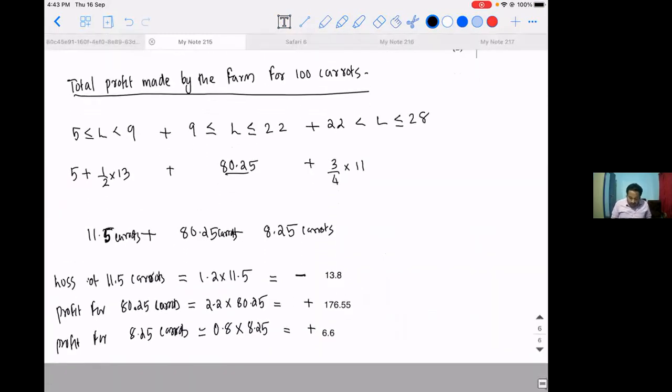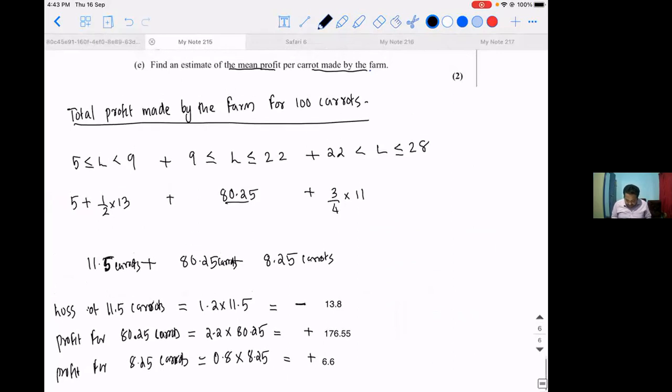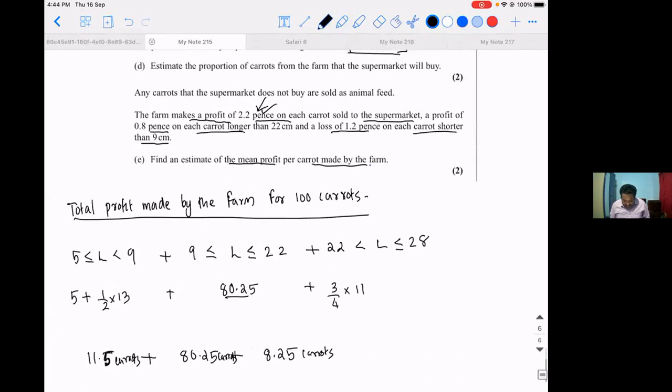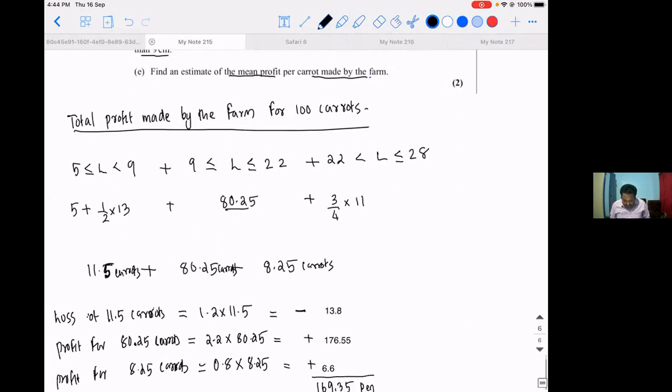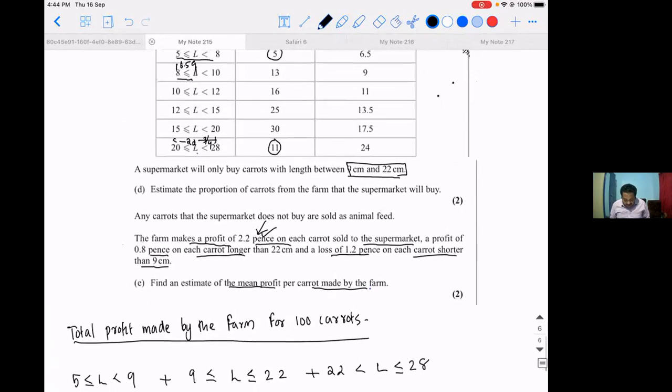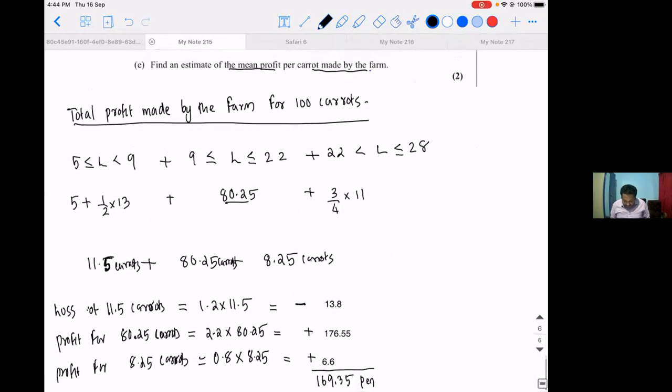Then you add all these values. That is minus 13.8 plus 176.55 plus 6.6. So we will get 169.35 pence. So that is the answer for this part.